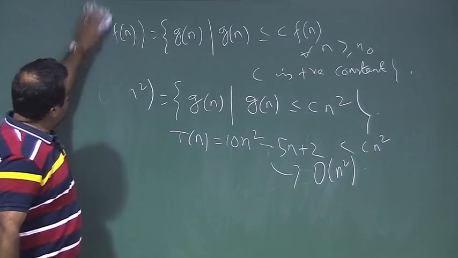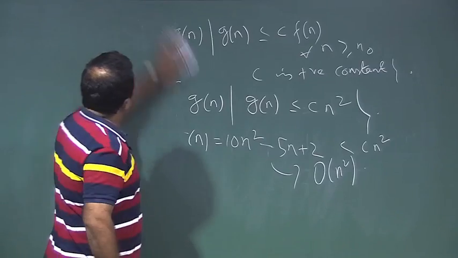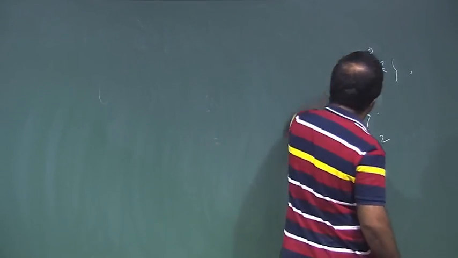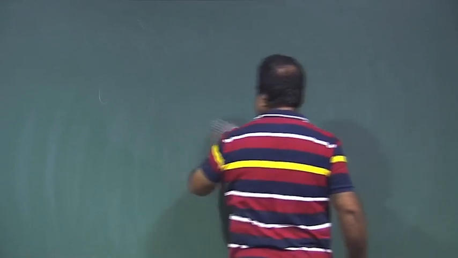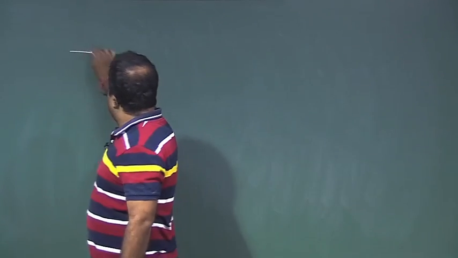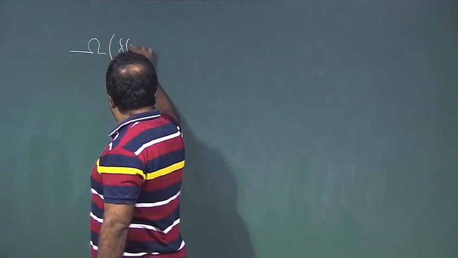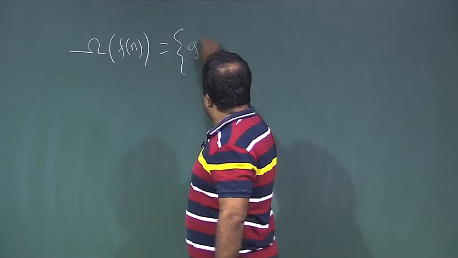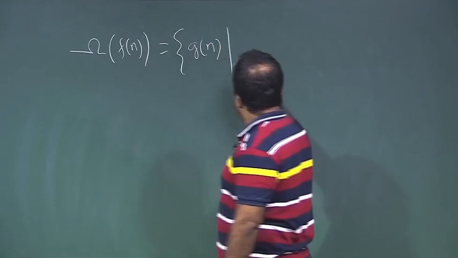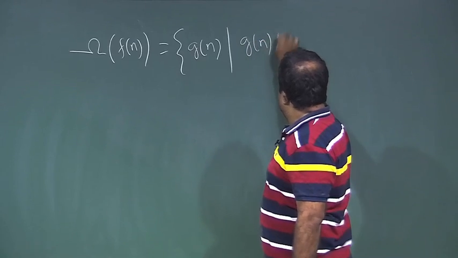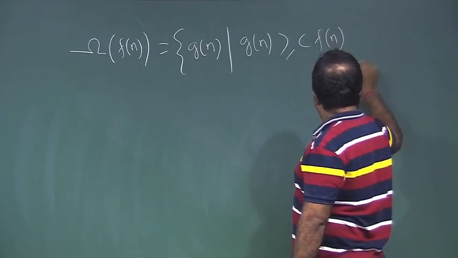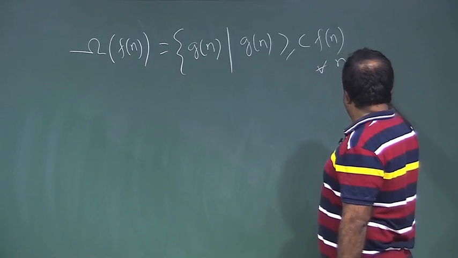Now we do have another notation, this is called big omega. So big omega of f(n), which is basically the lower bound, is the set of all functions g(n) such that g(n) is greater than some C of f(n), and this is true for all n greater than or equal to n0.